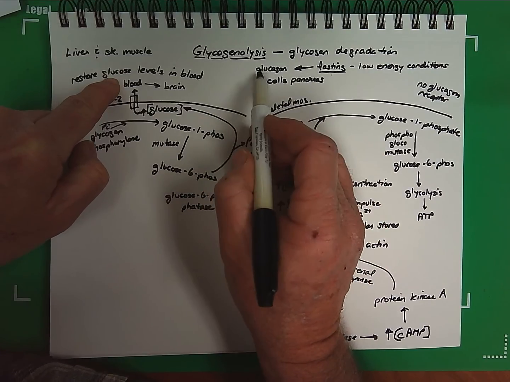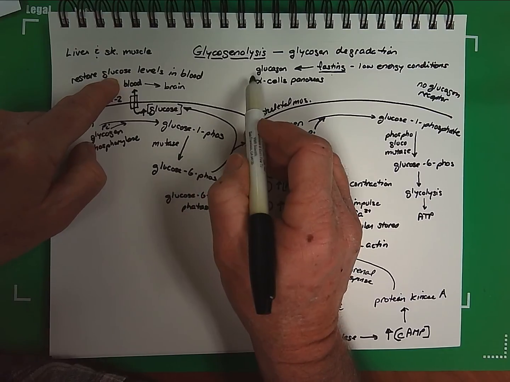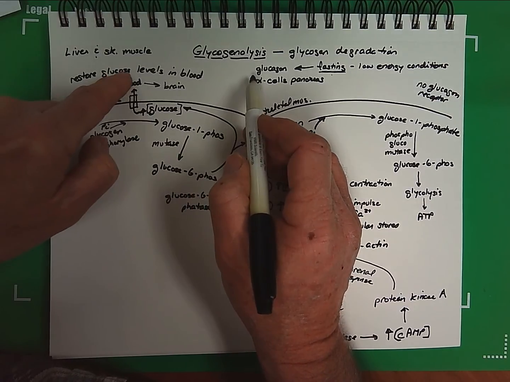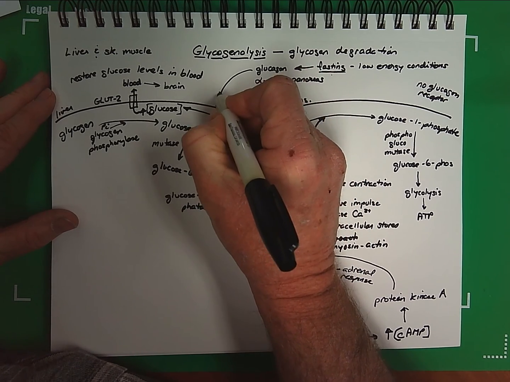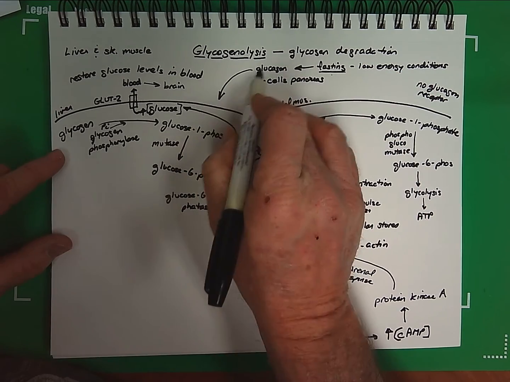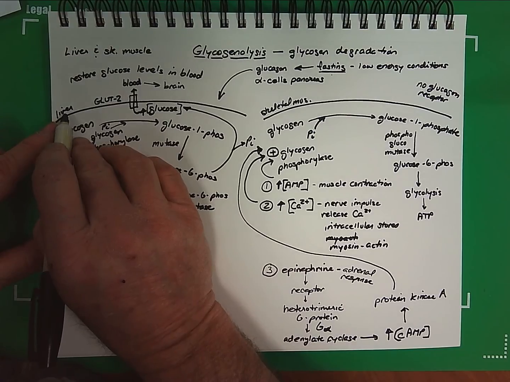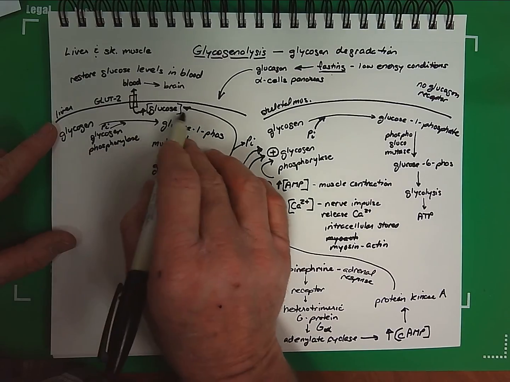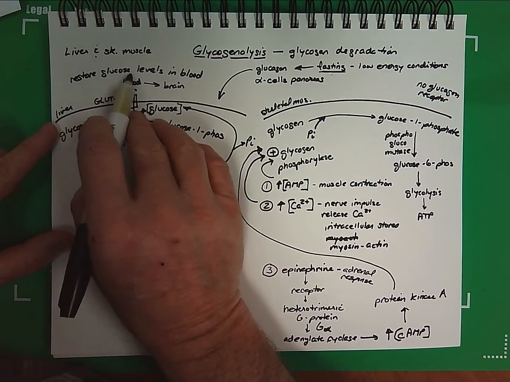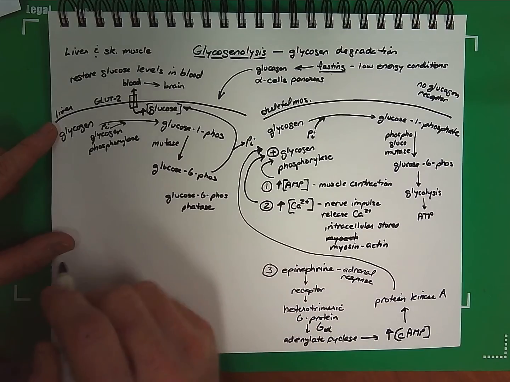Now the glucagon is a signal to the cells that the body's in a fasting state because glucose levels are dropping. So it makes sense now that glucagon will stimulate the liver into action. And that action is releasing glucose into the blood because our glucose levels are going down because of fasting.